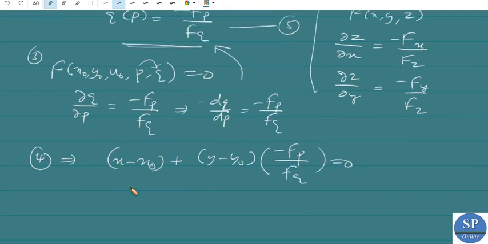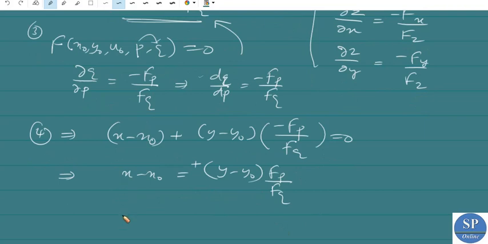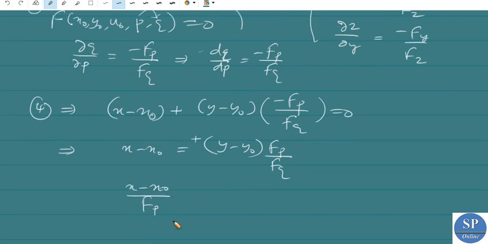From this we get x minus x naught divided by fp equal to y minus y naught divided by fq.